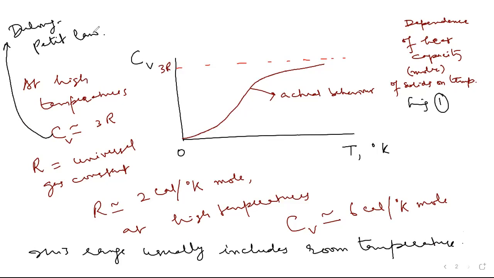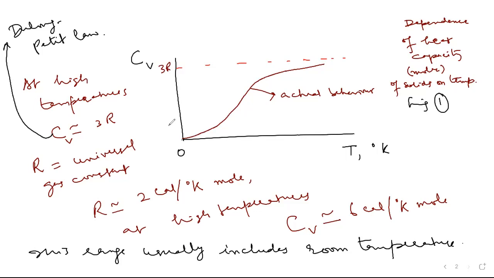Now, the deviation from this law in the low temperature regions, as you can see in the figure, this is 3R, but the actual behavior of the heat capacity CV is shown by this curve. So the deviation from the Dulong-Pettit law in the low temperature regions is strikingly demonstrated by figure 1. From the figure, as T decreases, CV also decreases and vanishes entirely at absolute zero, right?